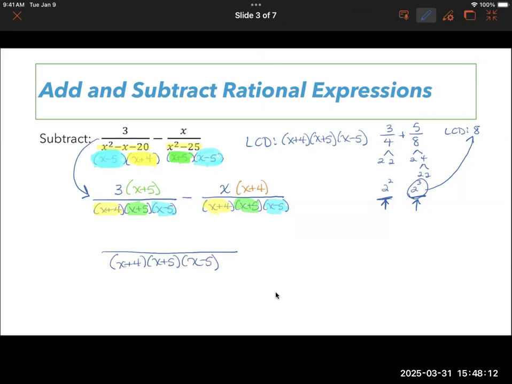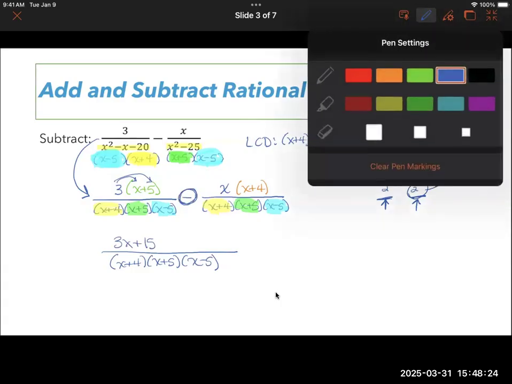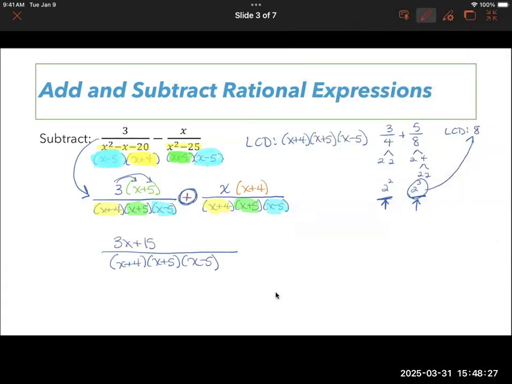Okay, so if I distribute the 3 here, I will get a 3x plus 15. Notice this is minus, and so I highly recommend that you change this into plus and throw a negative up here with that x. And then when you distribute, make sure you are distributing a negative x to both of your terms.